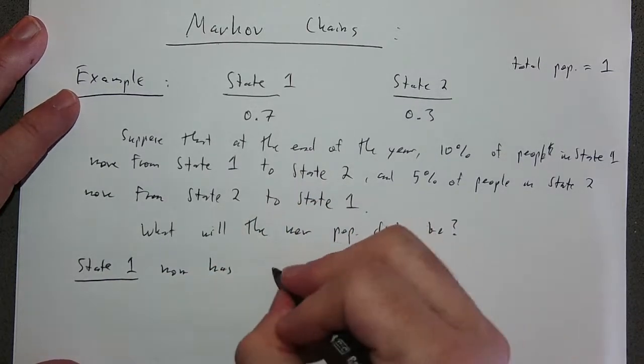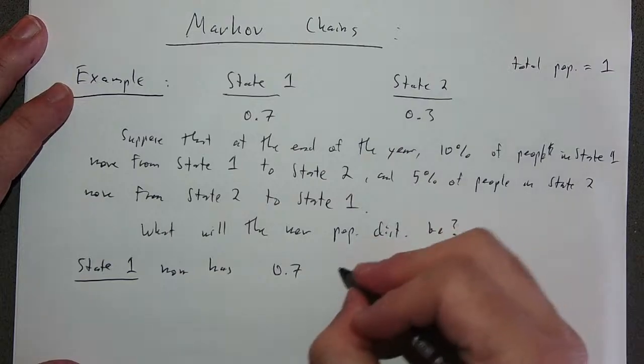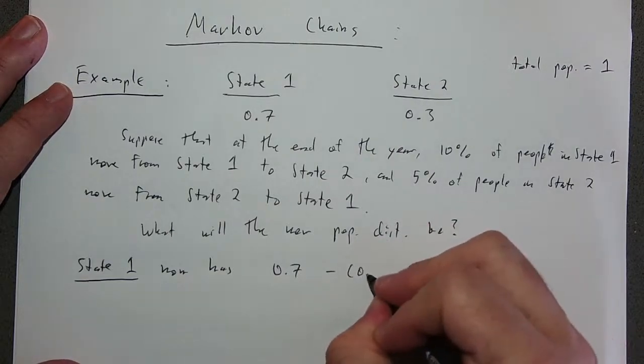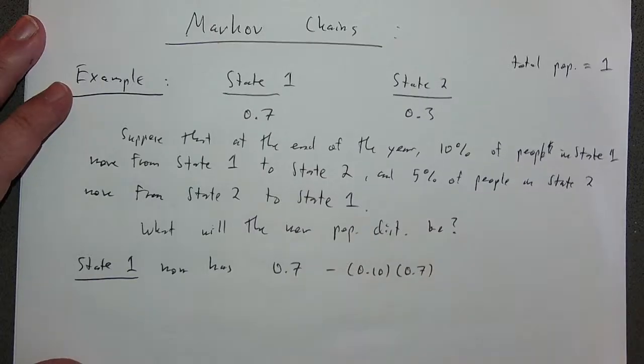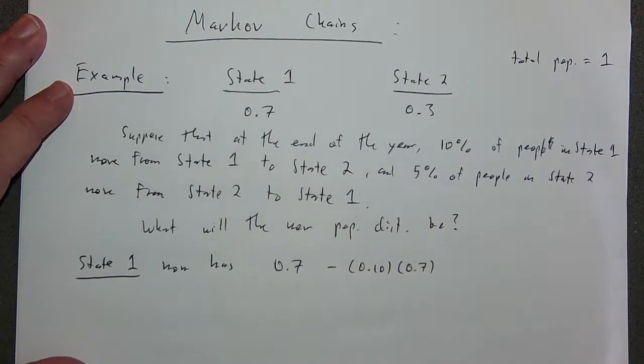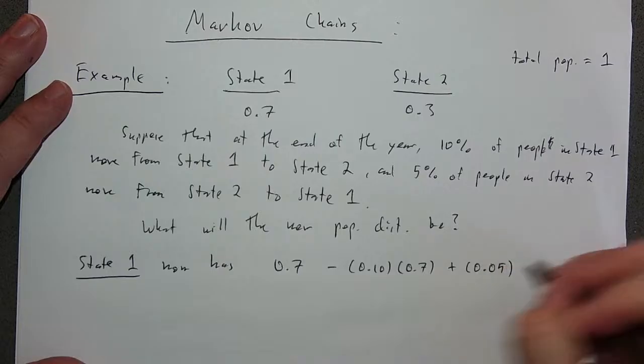It has the people that it started with, minus those that are leaving, which is 10% of what it started with, plus those it's adding from state 2, which is 5% of the population of state 2.